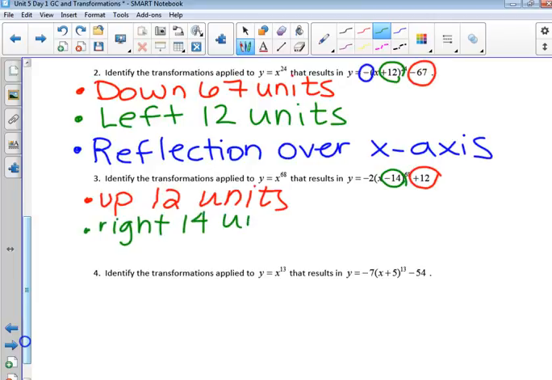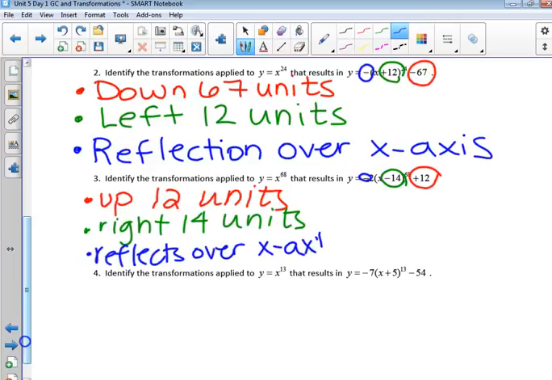Right 14 units. Now, this -2 in the front. Look at it as 2 separate transformations. Flip over the x-axis. Vertical stretch. So, the negative, we're used to that one, so I'm going to say reflects over x-axis.